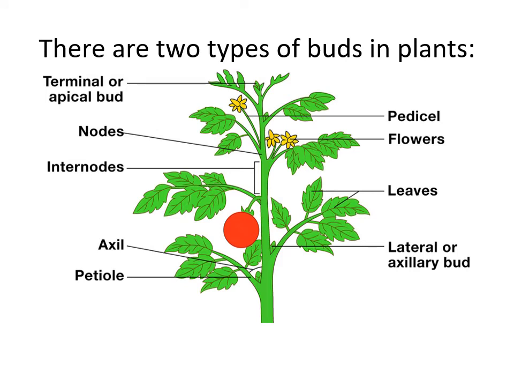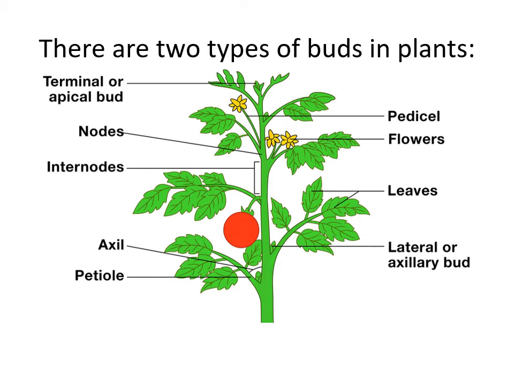Now children, here is a stem. Have a look at the parts of the stem. There are the leaves, the flowers, the fruit, and children, there is the node, the internode, and petiole is the stem of a leaf.